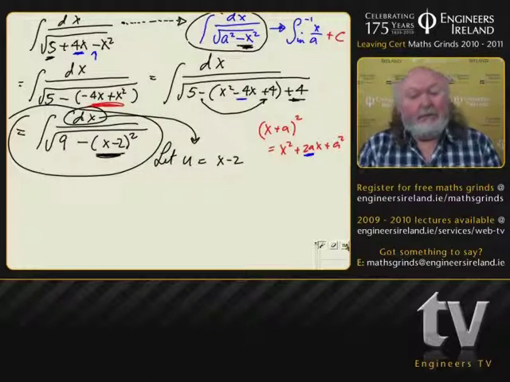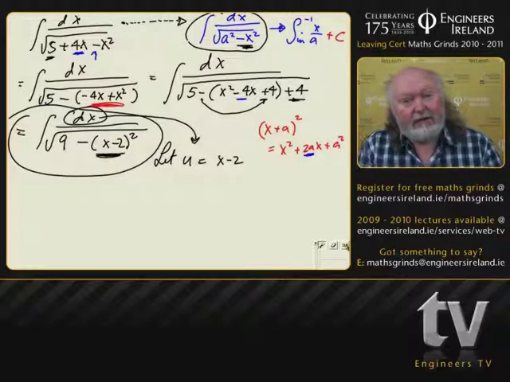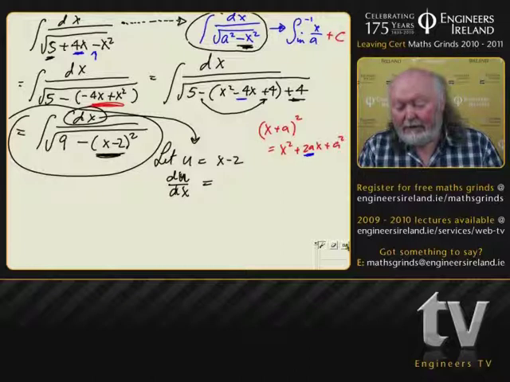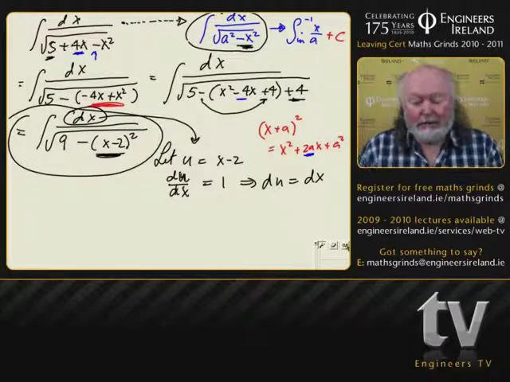We want to be able to substitute dx by a du and other bits. So this is again where you find that there's a throwback to differentiation. You differentiate it, du dx is 1, and if I multiply across by dx, du is equal to dx. So I can substitute it.